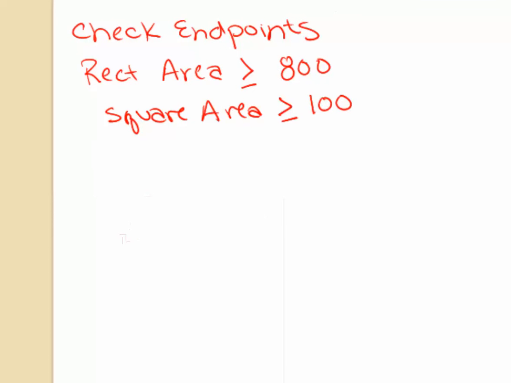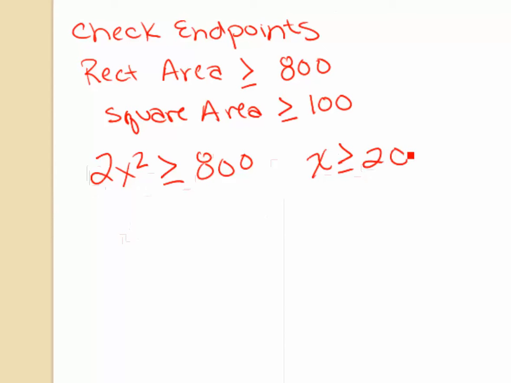To find our endpoint, we really need to find the domain of this function. If you go back and reread what they gave us in the problem, we were told that the rectangle's area must be greater than or equal to 800. Well, the rectangle's area was 2x squared. So 2x squared greater than or equal to 800 means that x has to be greater than or equal to 20. The square's area must be greater than or equal to 100.